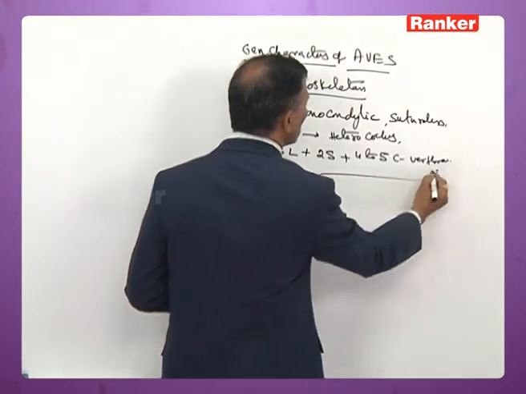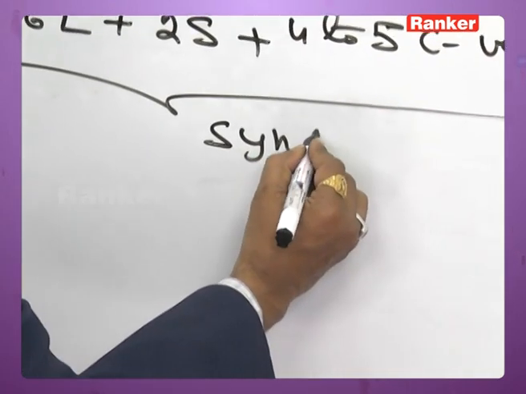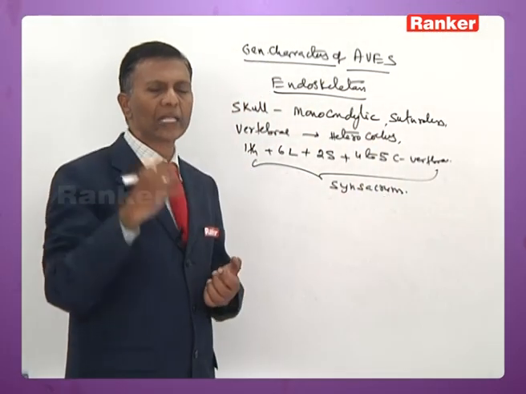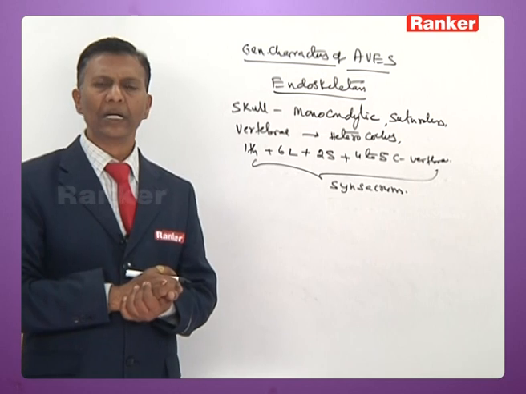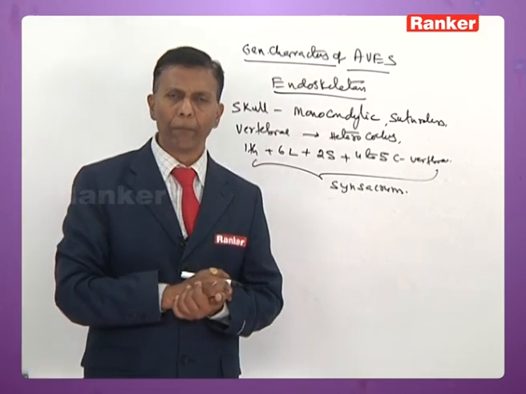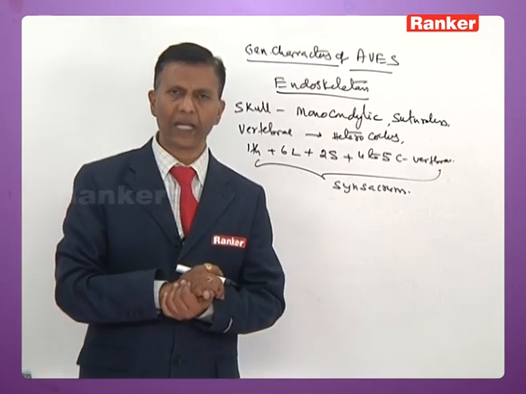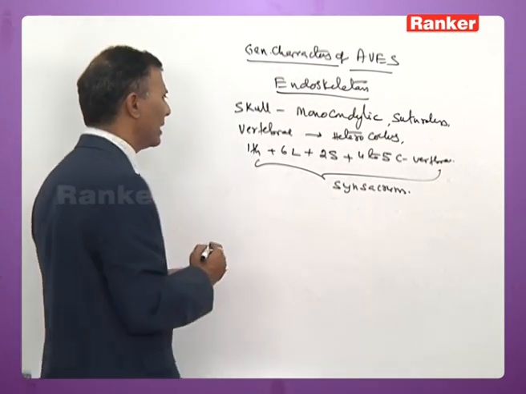All of them are fused to form a complex bone called the synsacrum. The synsacrum lies between the two halves of the pelvic girdle and thereby strengthens it.